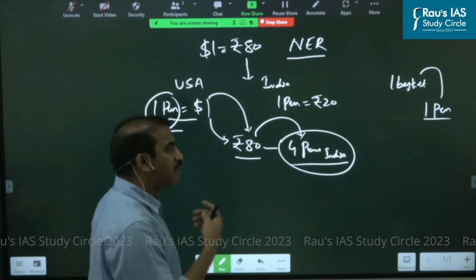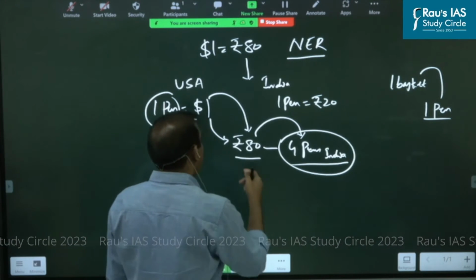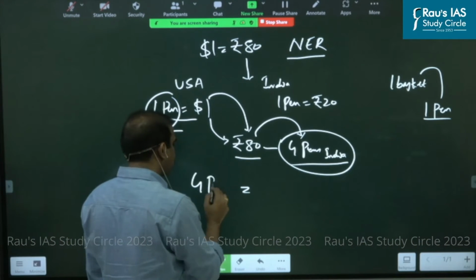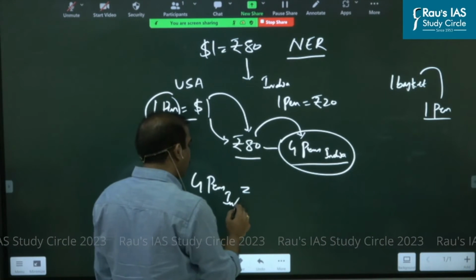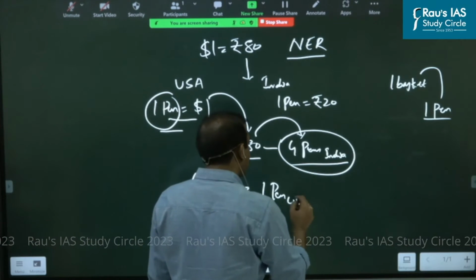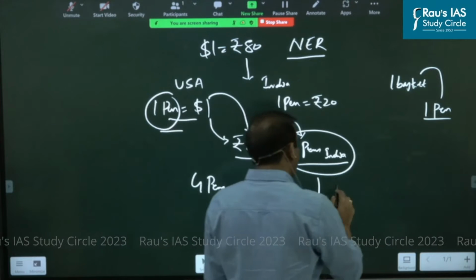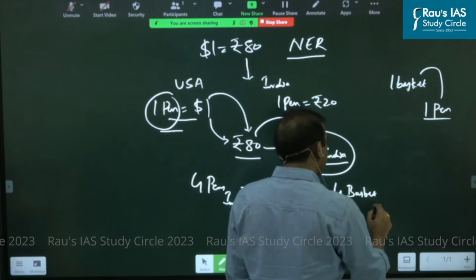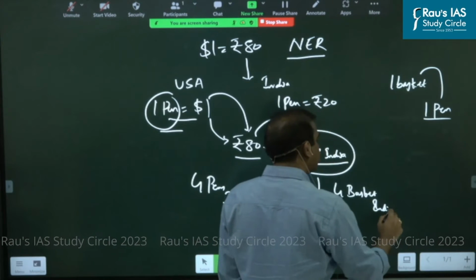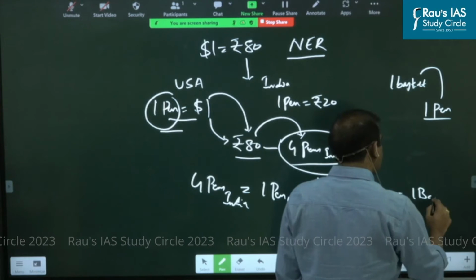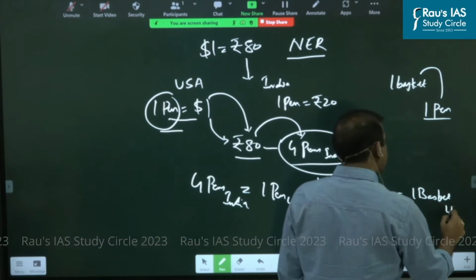And that's what I mean to say, real exchange rate. So now I could express the same thing as 4 pens of India is equal to 1 pen of USA. Or the best thing is 4 baskets of Indian goods, and the basket is expected to consist of the same goods, is equal to 1 basket of similar goods of USA.